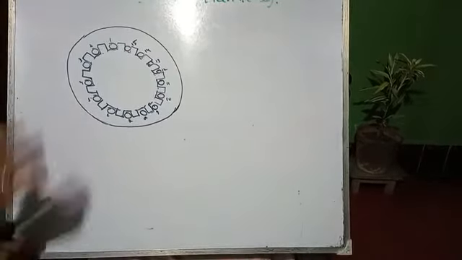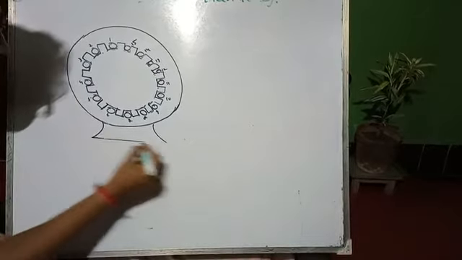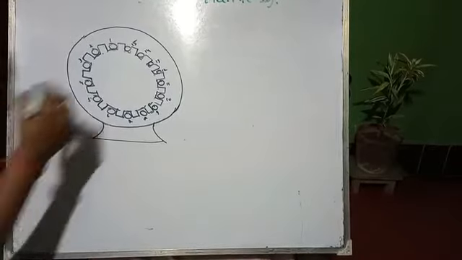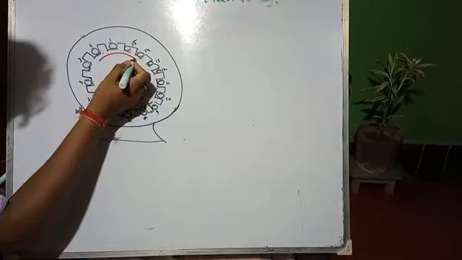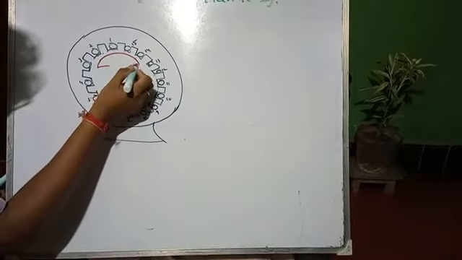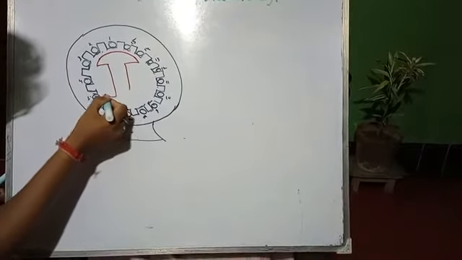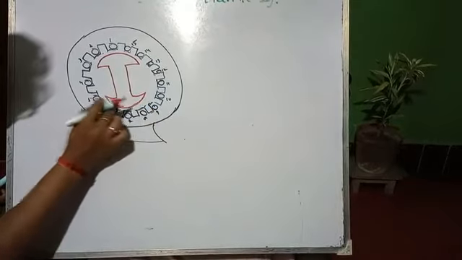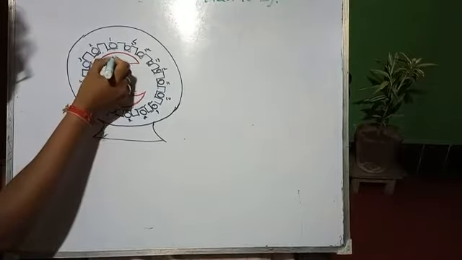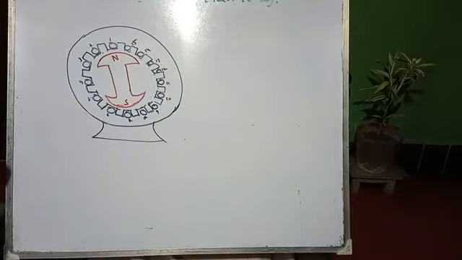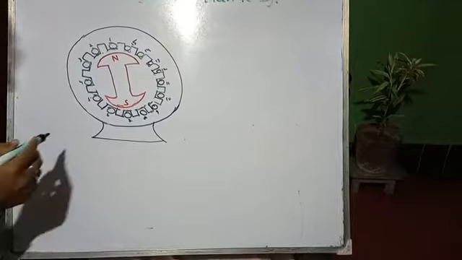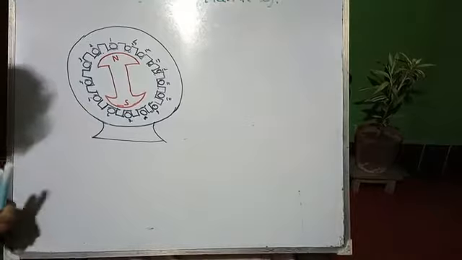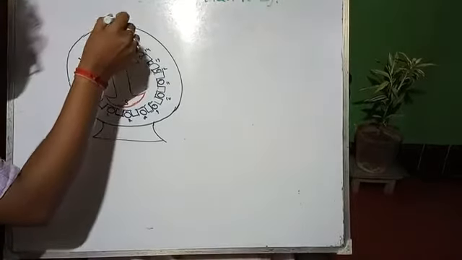Let us assume it is the stator of an AC winding, and the rotor looks like this. Suppose it has a north pole and a south pole, and we are considering three phase circuits.